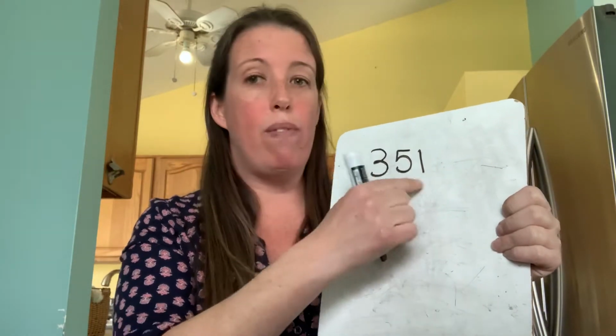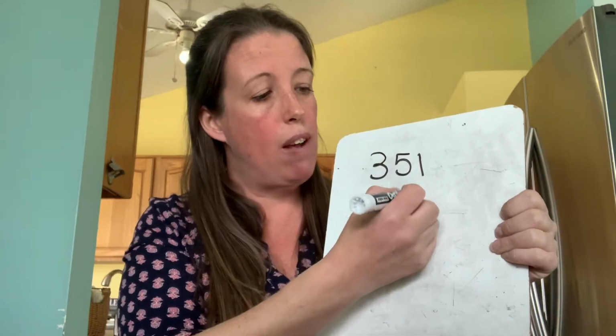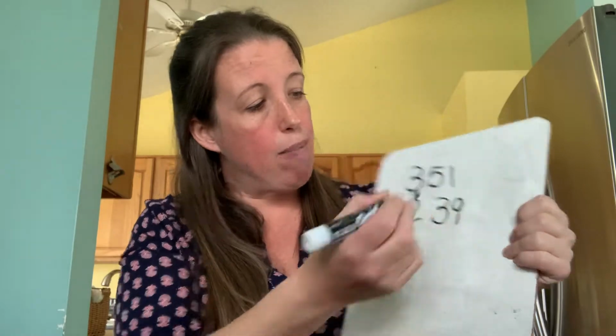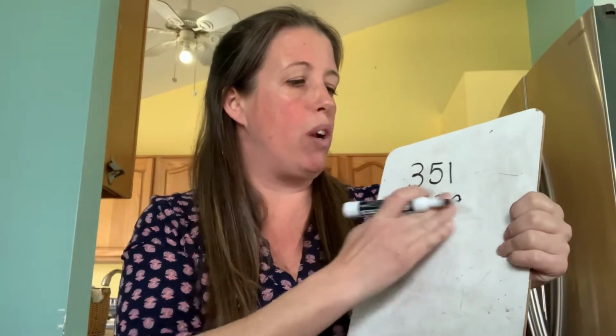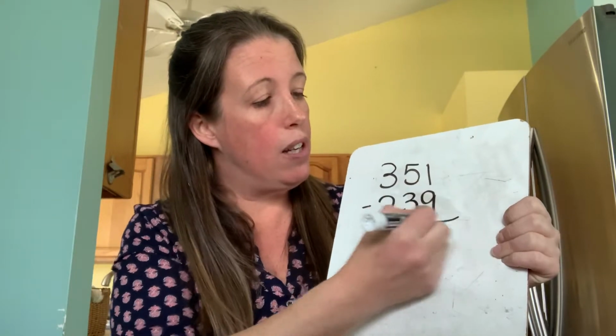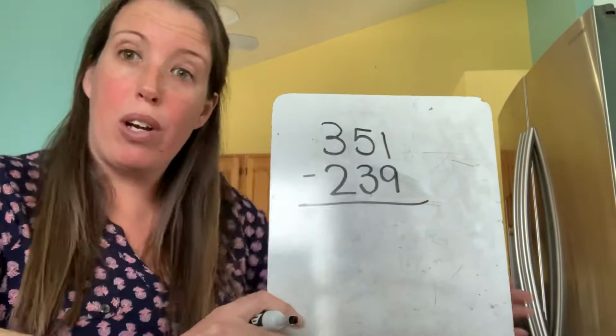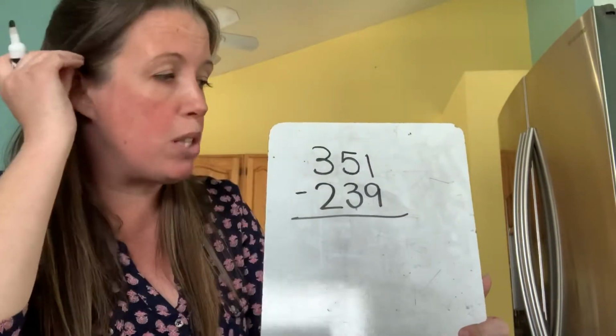So 351, I have to make sure I put my 2 hundreds underneath the hundreds, my 3 tens, and my 9 ones. I'm even going to move that over a little bit better. Okay, and now I'm going to subtract by starting with my smallest place value, which here is my ones.